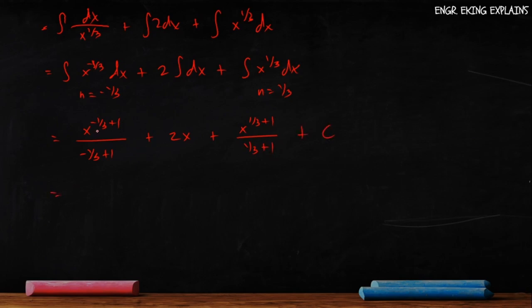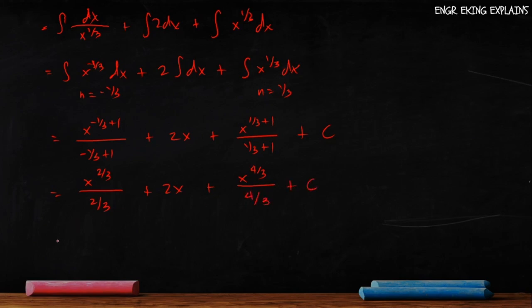So this will be equal to negative 1/3 plus 1, so that will be x to the power of 2/3. So this is also 2/3 here, plus 2x plus x to the 4/3 over 4/3, plus c.